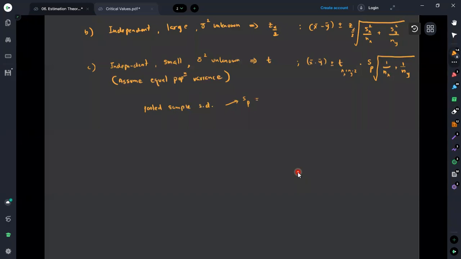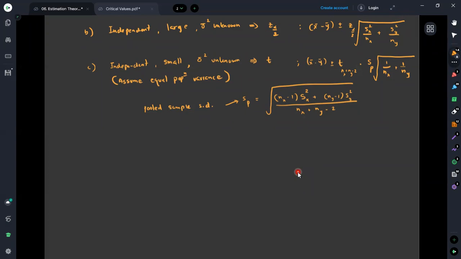The pooled sample variance can be considered as nx minus 1 times sx squared plus ny minus 1 times sy squared, over nx plus ny minus 2, which has the same meaning as previously.